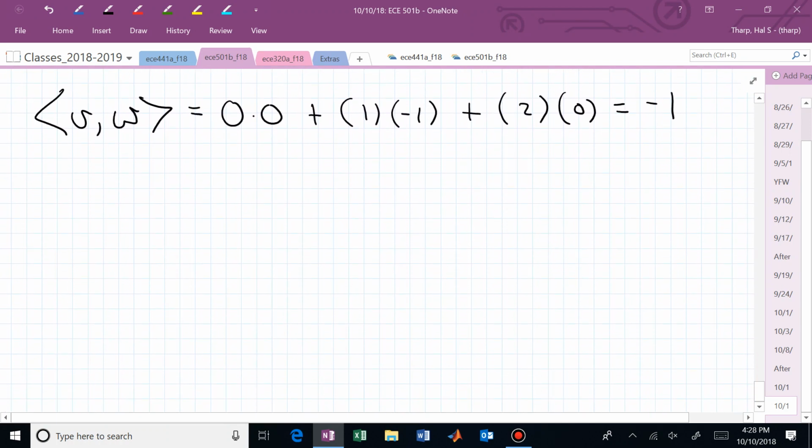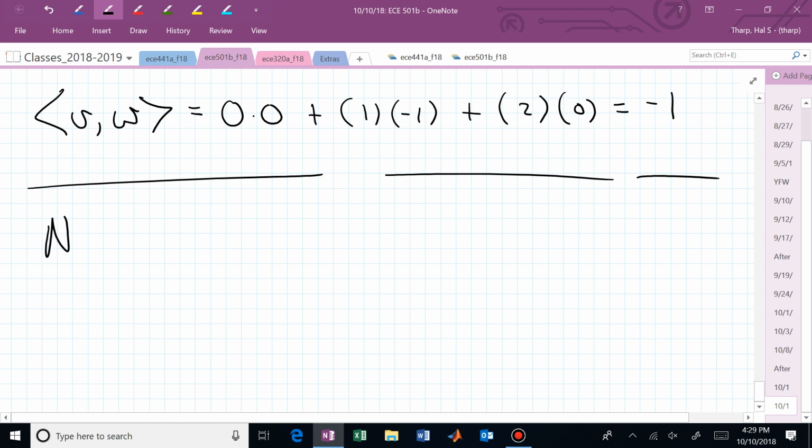You're way ahead of me. Yes, that's the point: it's violating one of the properties of our inner product, and the property that it violates is definiteness. Let me try to make that clear.